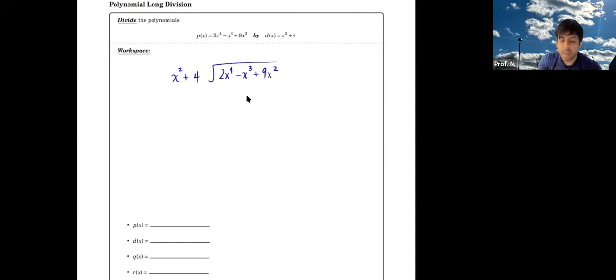Okay. And again, we're going to ask ourselves, x squared and 2x to the fourth. What multiplies x squared to get 2x to the fourth? And that's going to be 2x squared. And again, what we're going to do, we're going to multiply 2x squared with x squared plus 4.